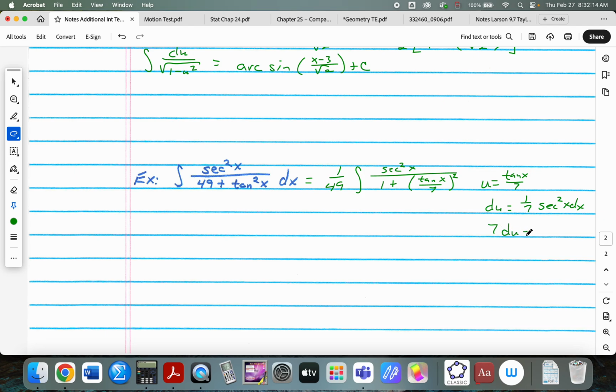So 7 du is equal to secant squared of x dx. So now we have the integral. We're going to have 1/49 times the secant squared of x dx is getting replaced with a 7 du, so times 7 du over 1 plus u squared.